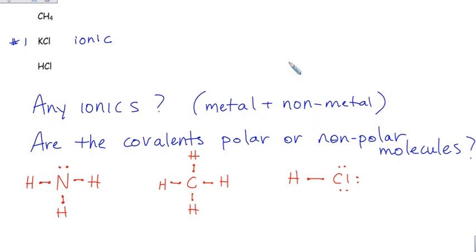And so one of the things that we had mentioned was if you have a central atom, kind of like nitrogen and carbon, we're looking at the arrangement of the other atoms around the center. If they're evenly arranged around the center, even though these bonds might be polar, an even arrangement would cause those polar bonds to cancel so that overall the molecule becomes nonpolar, such as the case with CH4.